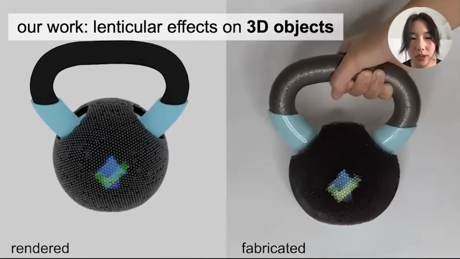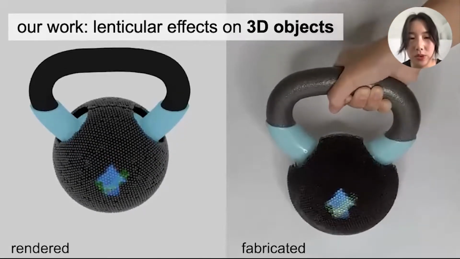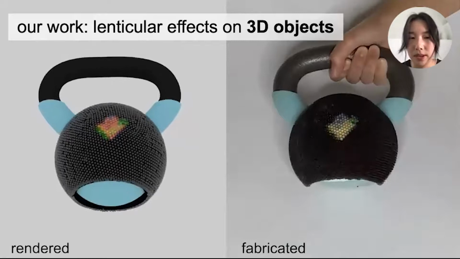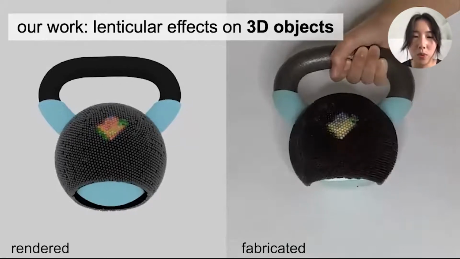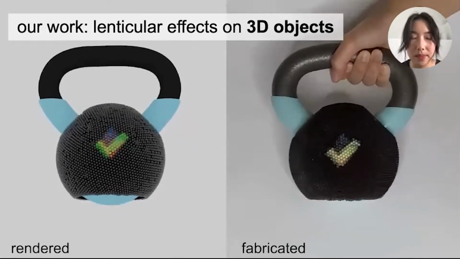It shows an upward arrow when the user's arms are too low and a downward arrow when they're too high. The users will only see the check mark when they lift the kettlebell to the recommended height.